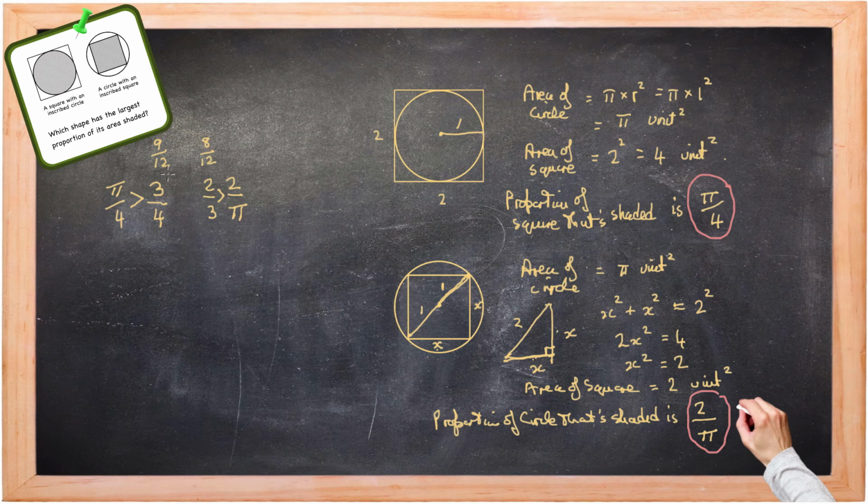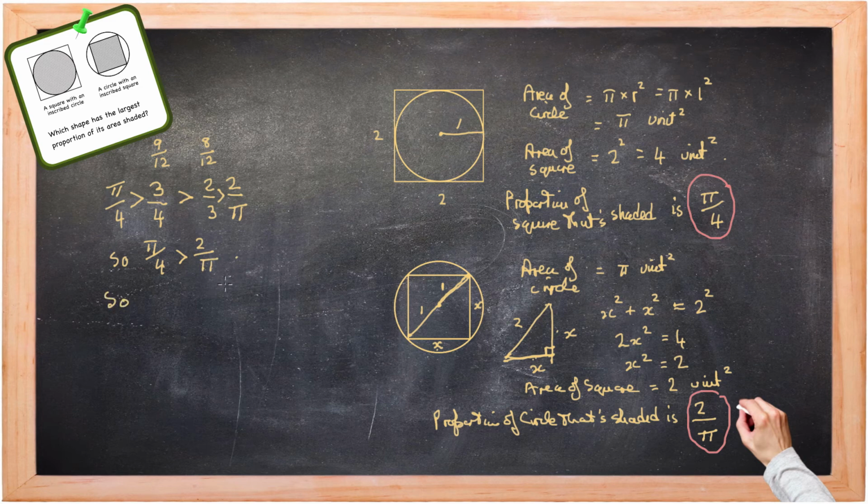So we're looking at 9/12ths compared to 8/12ths. And you can see that 9/12ths is greater than 8/12ths. So all in all, we've got a whole series of fractions here, starting with the biggest one, and this gets smaller, and this gets even smaller, and this gets even smaller than that. So we've got pi over 4 being greater than 2 over pi.